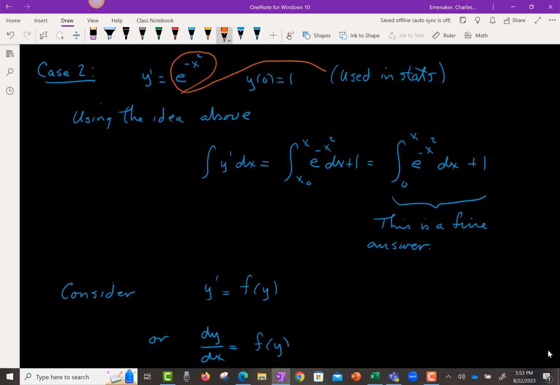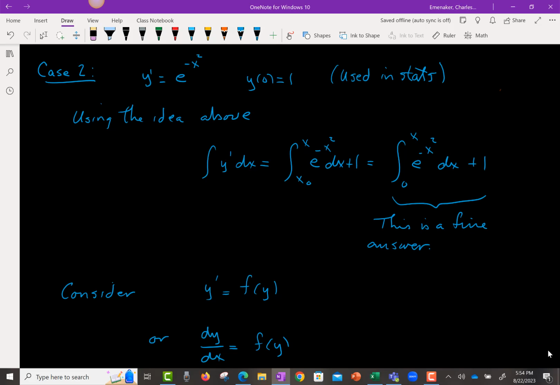It's actually something that's used in statistics. And in fact, it's used to create the bell curve. That function e to the negative x squared is what produces the bell curve, which allows us to compute probabilities over a normal distribution.